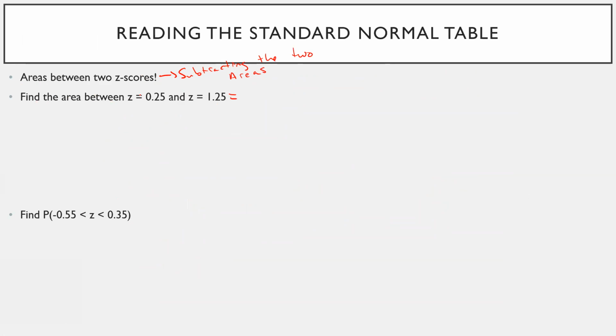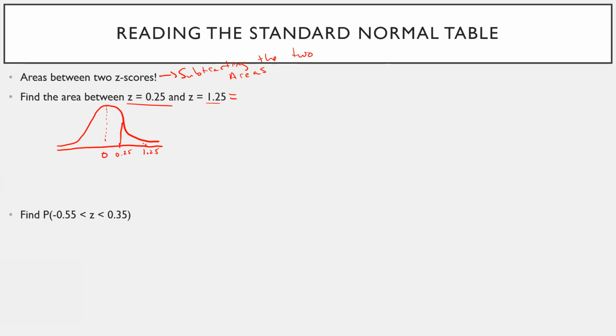Okay, so I want to find the area between z is equal to 0.25 and z is equal to 1.25. So I'm going to sketch it. So you're centered at 0. 0.25 is over here. 1.25 is over here.